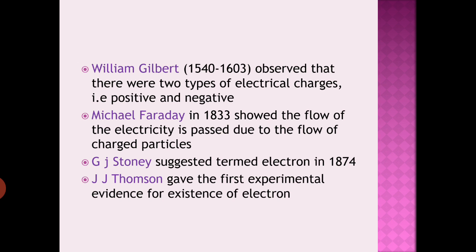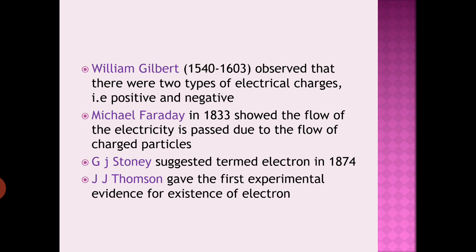So William Gilbert was the one who observed that electricity can be produced by rubbing two materials. He also observed that there are two types of electrical charges, one positive and the other negative.